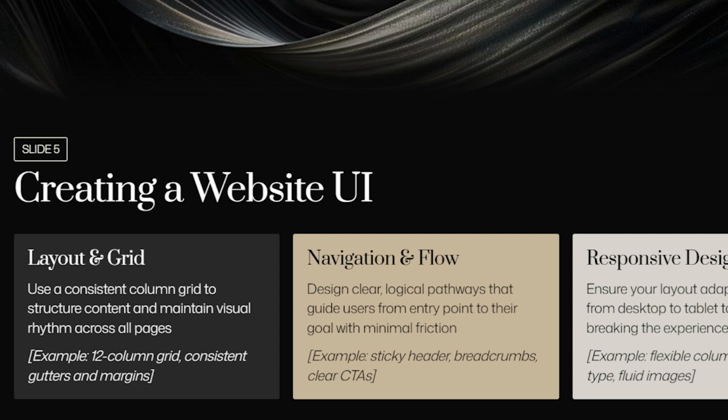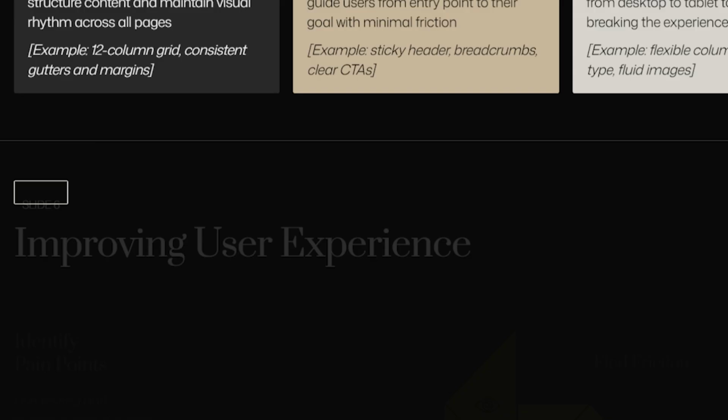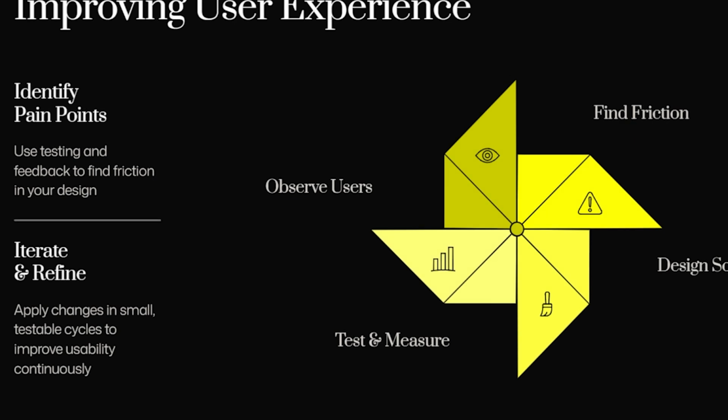So the second concept is navigation and user flow. The goal is creating a seamless experience and improving your user experience. One of the most important principles of UX is continuous improvement.